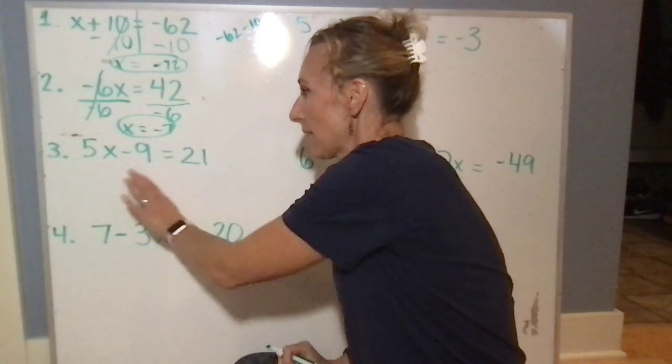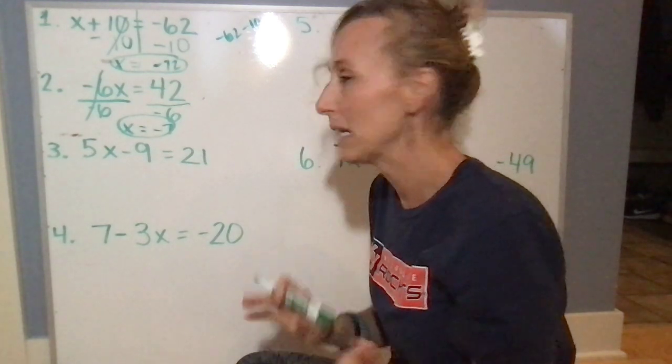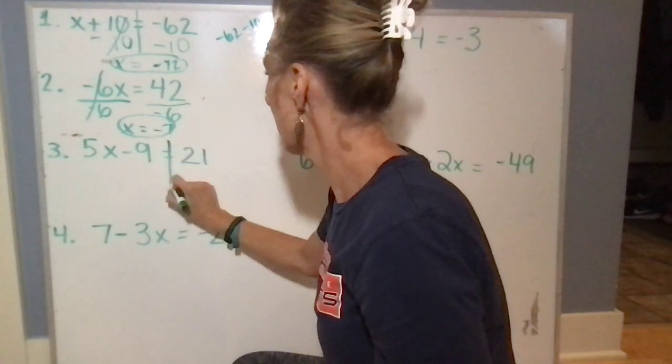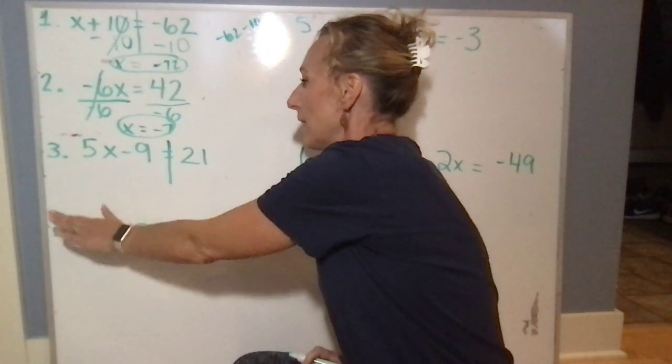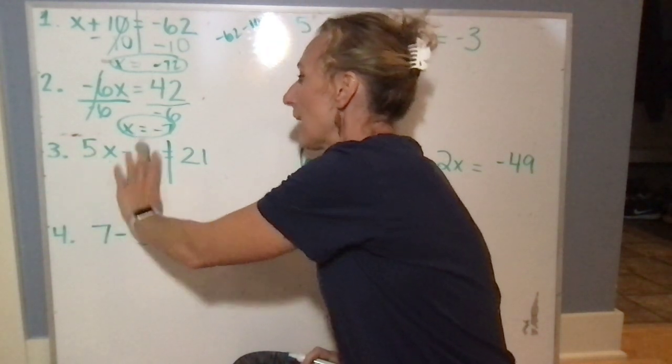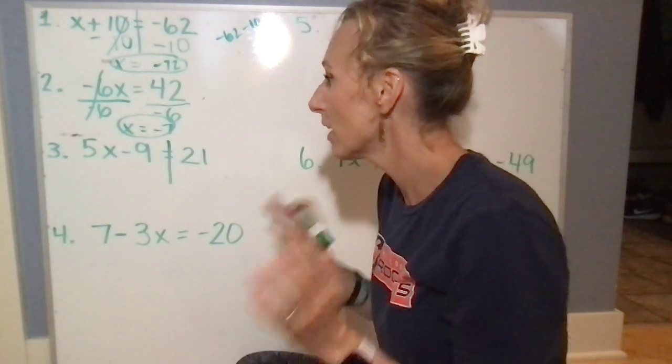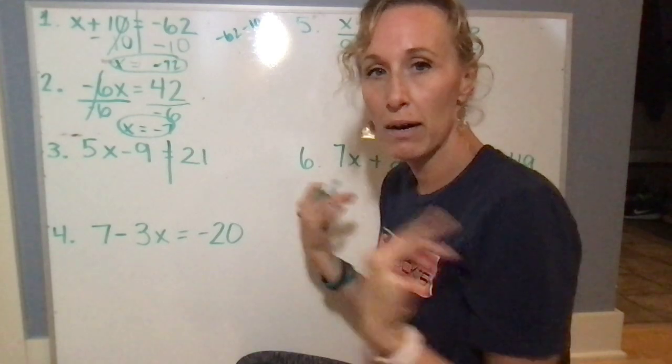Now you get to the next ones, and it's going to go in order on the quiz, where we have more steps. In this case, on this side, I've got a 5 and a 9 that are both on the same side as our variable, so we have to undo both of them. Think about it like this.